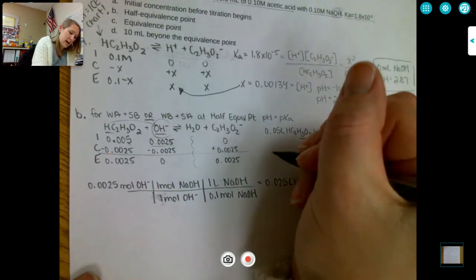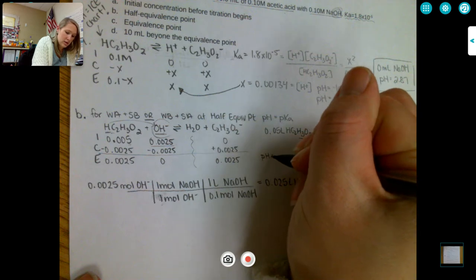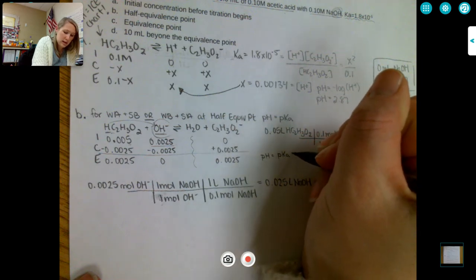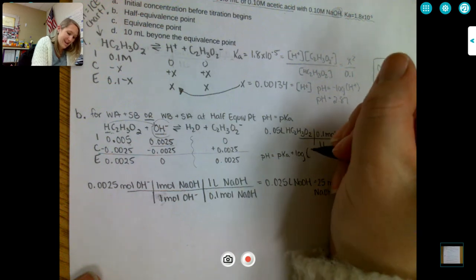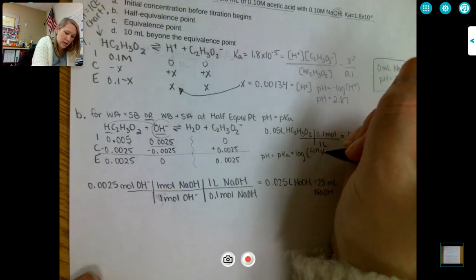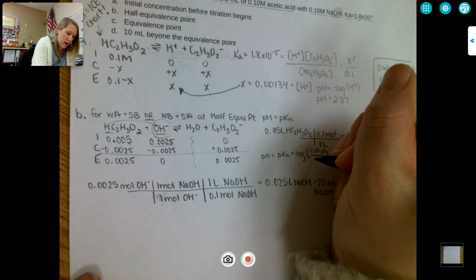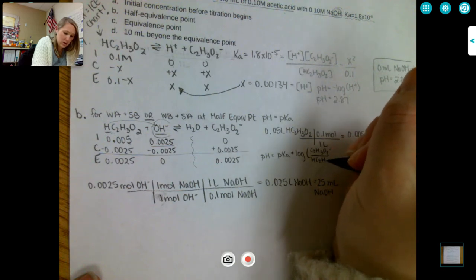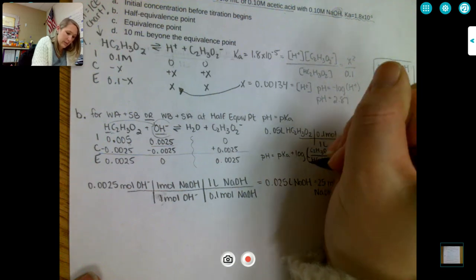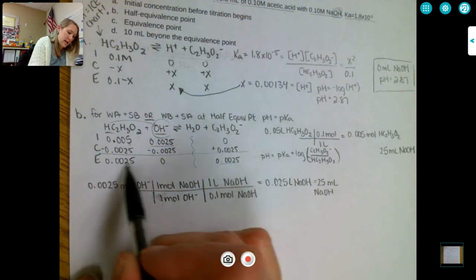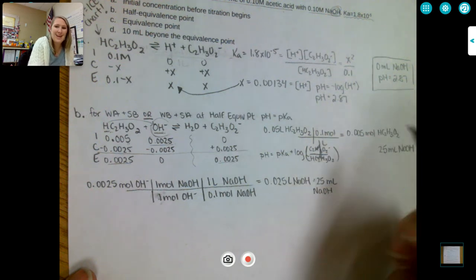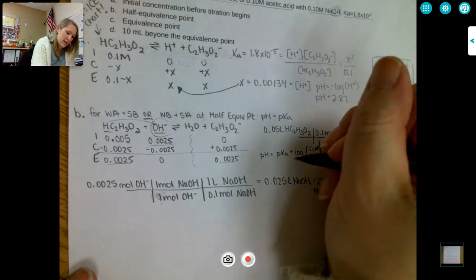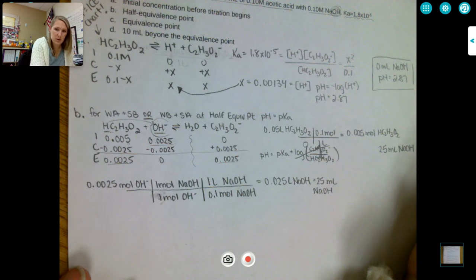So we're going to say that our pH equals our pKa plus the log of our anion, C2H3O2 minus, over our acid, HC2H3O2. Well, these are the same number, so that means this is going to end up being 1, and the log of 1 is 0.